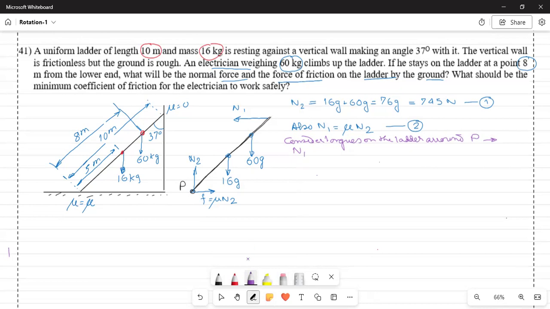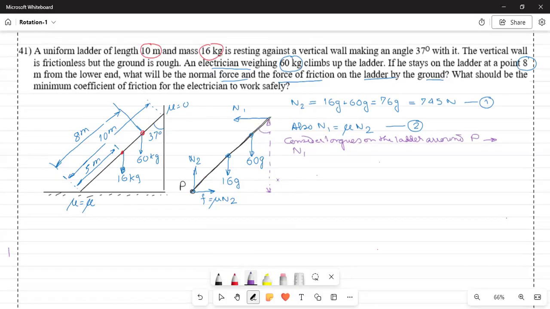So, what is the value of torque of N1? N1 multiplied by the perpendicular distance of the line of action of the force N1 from P. If you measure this perpendicular distance, the ladder is 10 meter long and this angle is 37 degree.